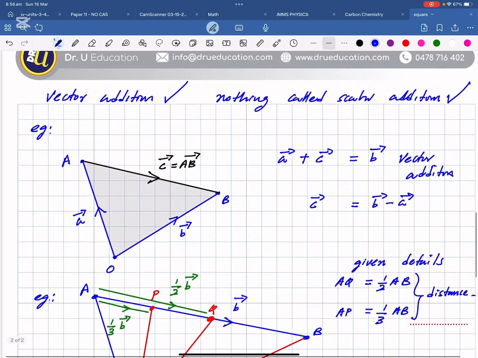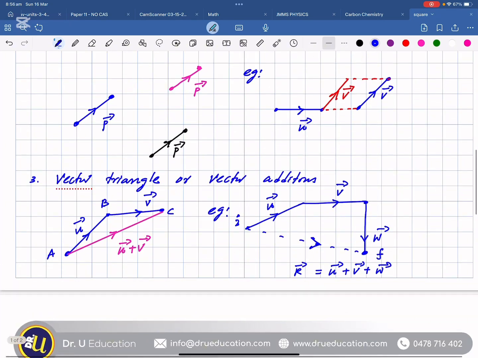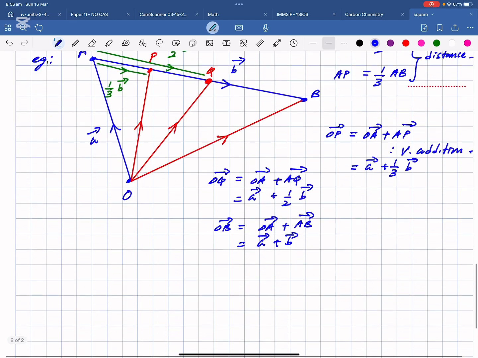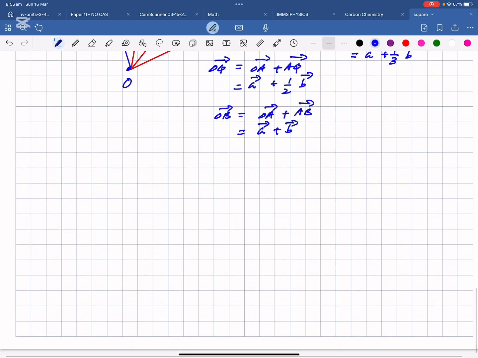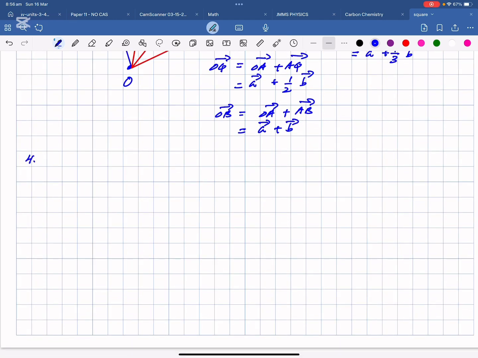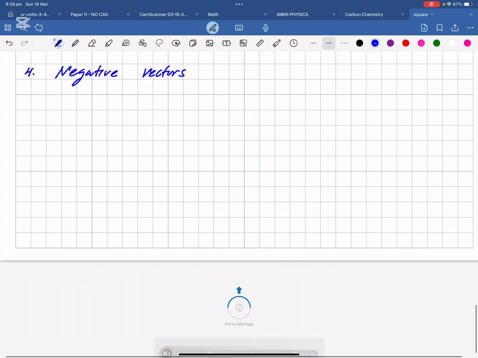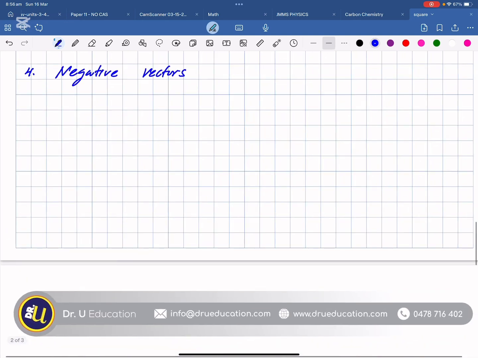So now we understood a couple of properties, right? So third one is the vector addition, right? Fourth one, so we have to think about negative vectors. Suppose this vector is A vector.